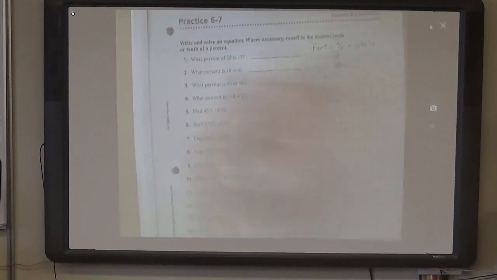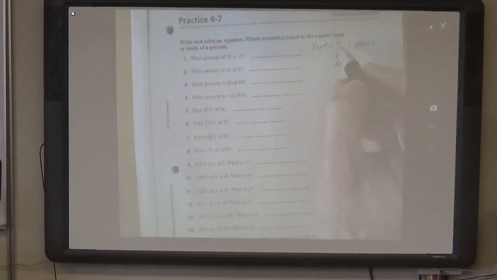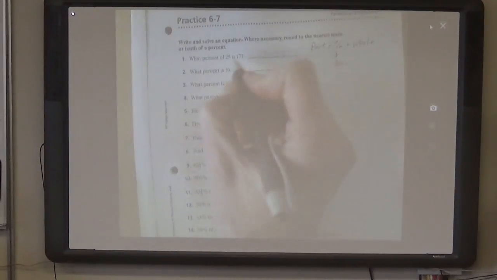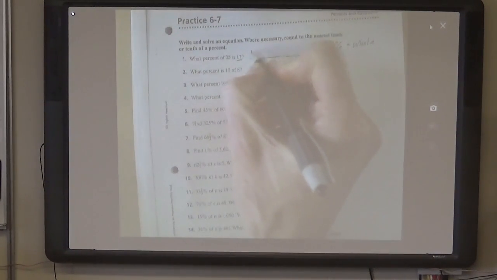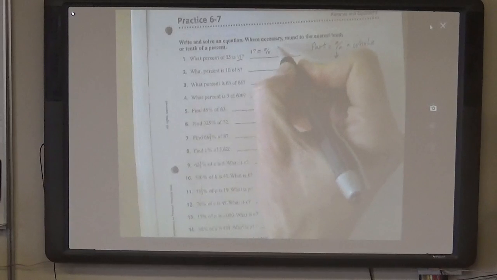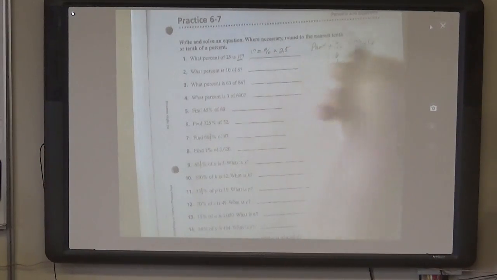Number 1, what percent of 25 is 17? So, 17 is the part, equals the percent times 25.